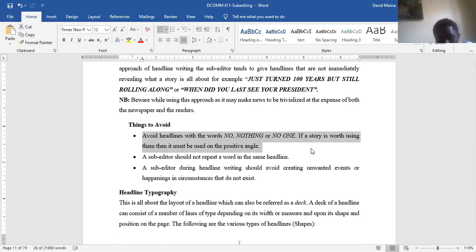Say, for example, graduation. A graduation ceremony. If you tell people that so many people have graduated, that is ordinary. Talk about somebody who was supposed to graduate this year, but because his name was missing in the graduation list, he decided to do what?